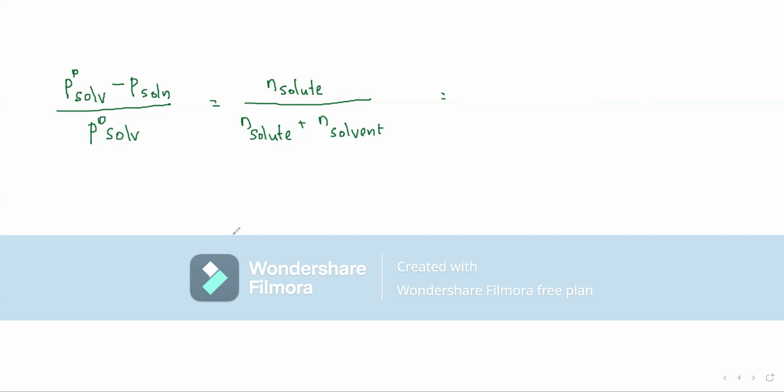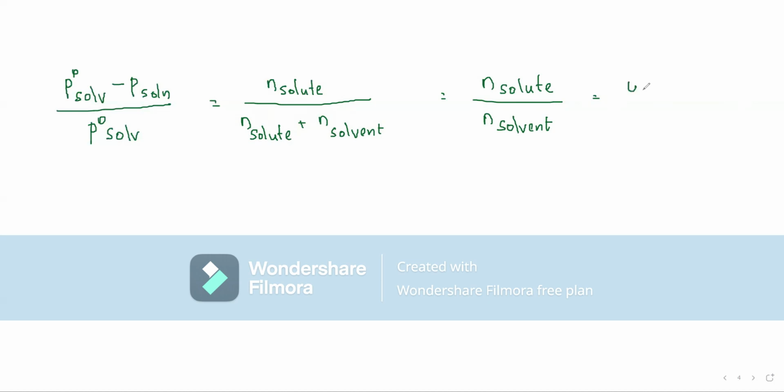In a very dilute solution, you can ignore N of solute in the denominator. Therefore, the present expression becomes N of solute by N of solvent. In the denominator, I ignored N of solute just because the solution is very dilute. Now, how do I calculate N of solute?